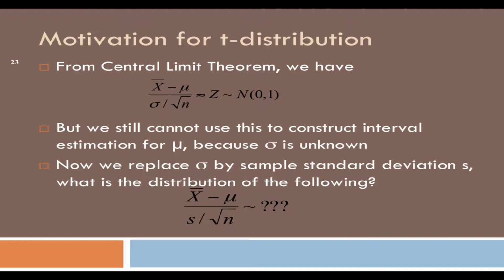Most of the time, 99% of the chance, you can't know sigma because it's a population parameter, so you use s to replace it. Once you use s, you are no longer referring to a standard normal distribution; you are using a t-distribution.